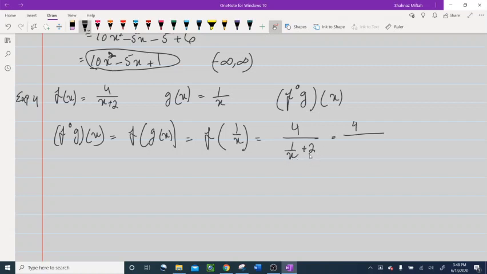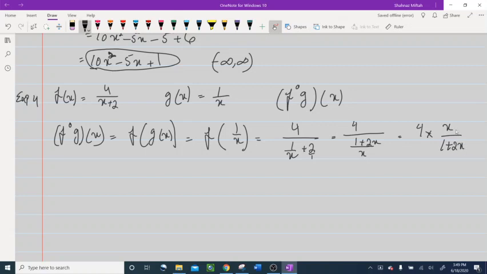If you have one fraction and another regular term, you can make it a fraction by putting 1 under it and then finding the least common denominator. When I see fractions, I find the least common denominator in my head. So x is the common denominator. Then when you combine, it's going to give me 1 plus 2x over x. Change the division to multiplication and take the reciprocal, which is x over 1 plus 2x.